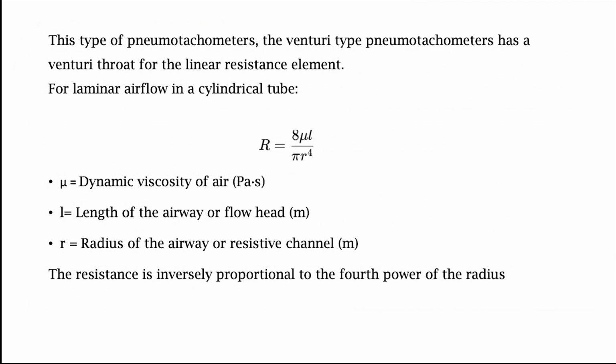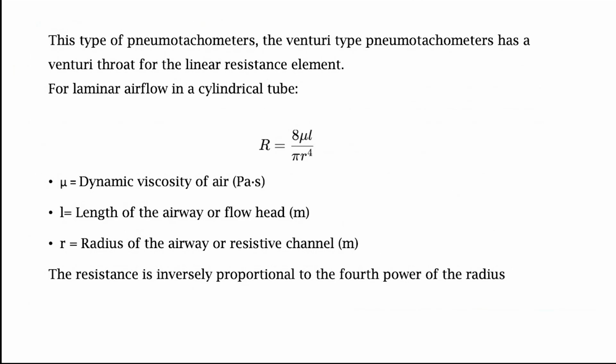Imagine your breathing resistance increasing 16-fold, just when the diameter of your airway reduces by half. That's what it means. Instead of R, let's say R1 is R by 2.